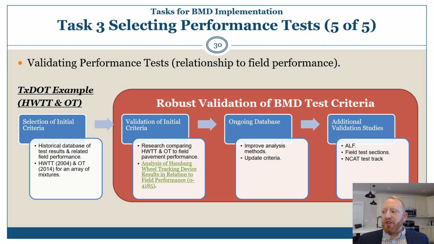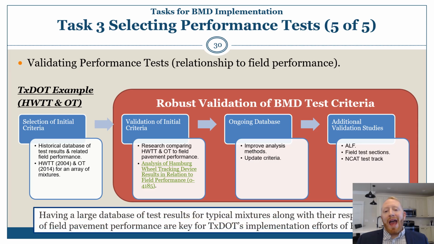Additional validation studies have been done at accelerated loading facilities and NCAT test sections, and they're placing more field test sections to continue to validate that the relationship they have established historically continues. So having that large database of test results for typical mixtures was key.